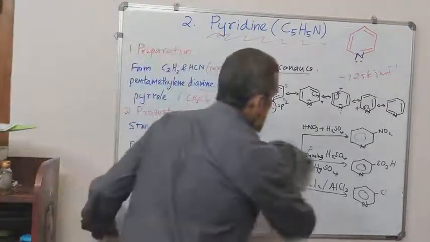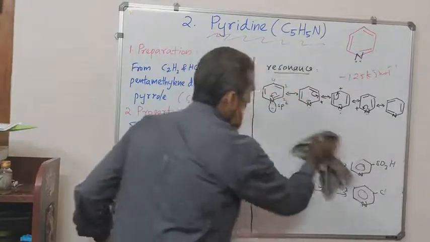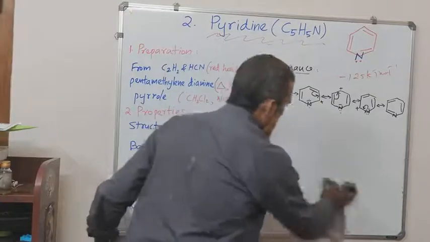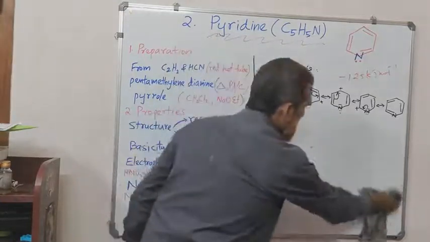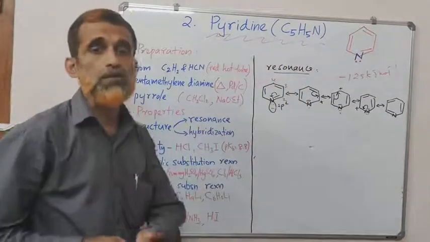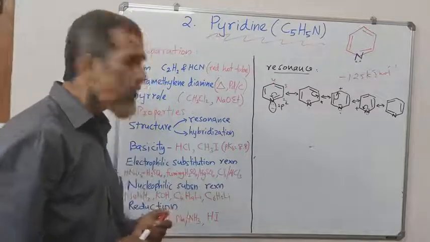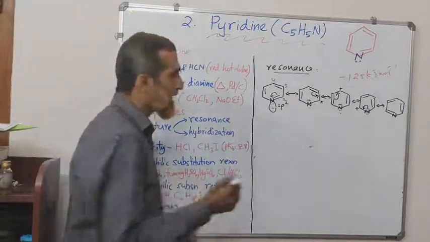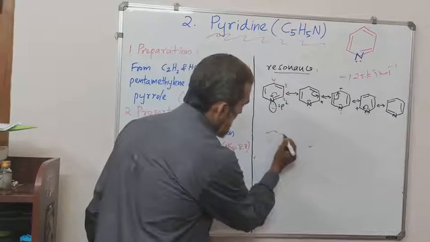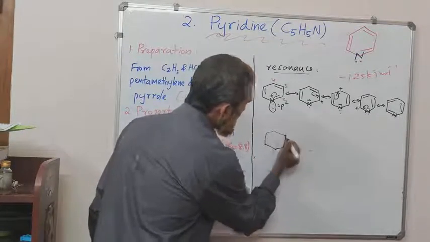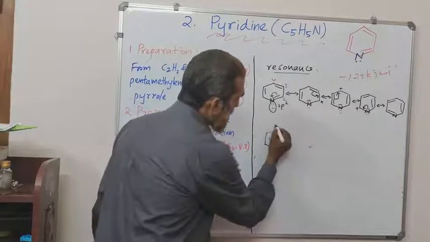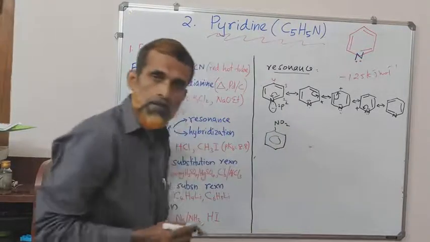Next we have nucleophilic substitution reactions shown by pyridine. See, interestingly, pyridine is quite reactive towards nucleophilic substitution reaction. How do you compare with benzene? We know benzene generally undergoes electrophilic substitution reaction, but when benzene is connected to electron withdrawing groups like nitro group, etc., you might have learned this one.